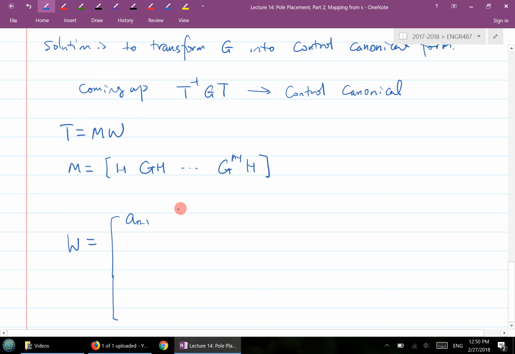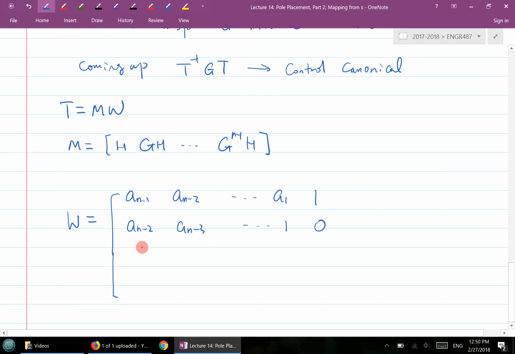So W here is this matrix: a n minus 1, a n minus 2, and up to a1. That's the first row. The second row is this, so you can literally write down the rest of the rows here. Up to a1, then 1, 0, 0, and the last row is 1, 0, 0, 0.